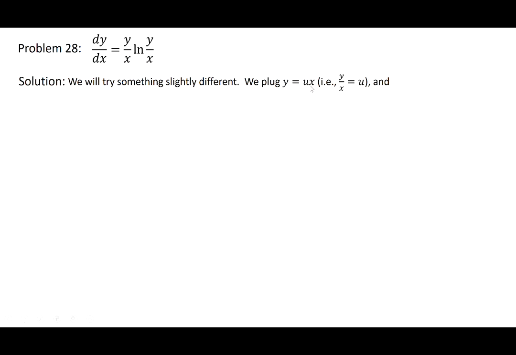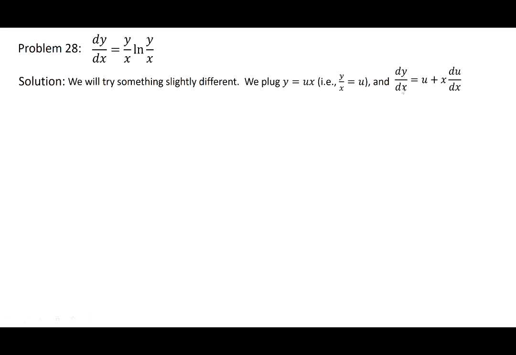Apply product rule. So u times the derivative of the second function, d/dx of x, is 1. So we get u times 1 plus x times d/dx of u, which is du dx. So by applying a simple product rule, we can say dy dx is equal to u times 1, which is u, plus x times du dx. End of the story.